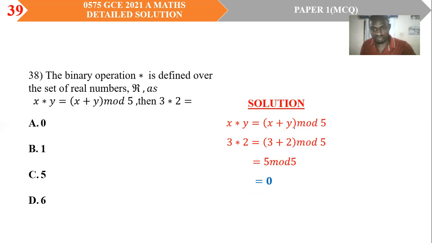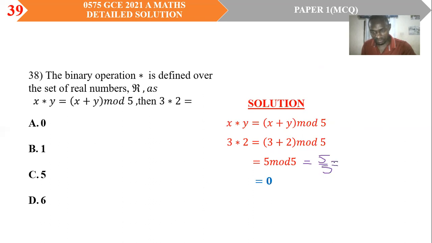This means that to get x star y, you add x plus y, divide by 5, and just write the remainder. 3 star 2 will be equal to what? 3 plus 2. This 3 plus 2 is 5, and 5 in mod 5 means 5 divided by 5.